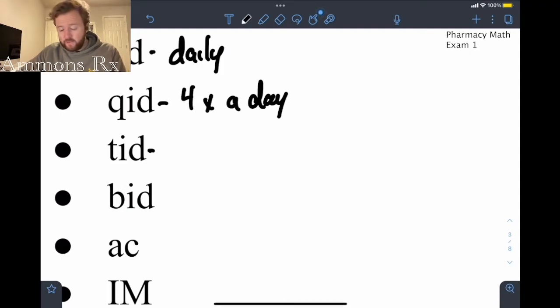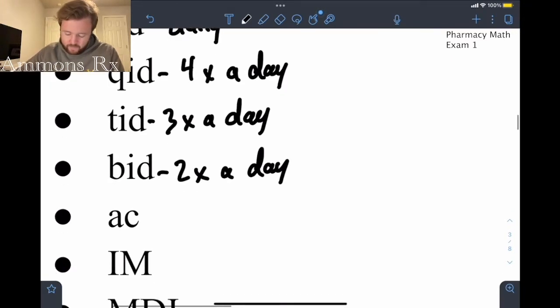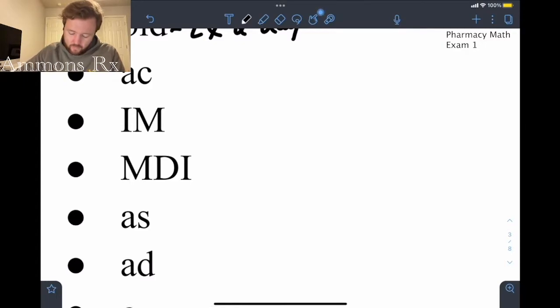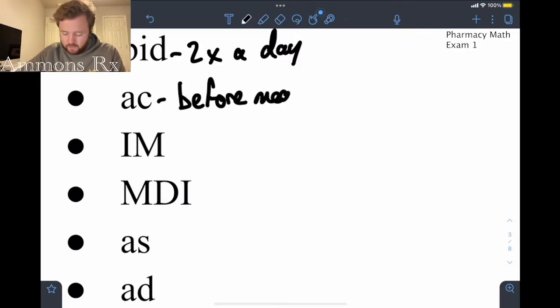How many wheels are on a tricycle? 3, so 3 times a day. How many wheels are on a bicycle? 2 times a day. AC, A for ante, so before, and C for consumption, so that means before meals.